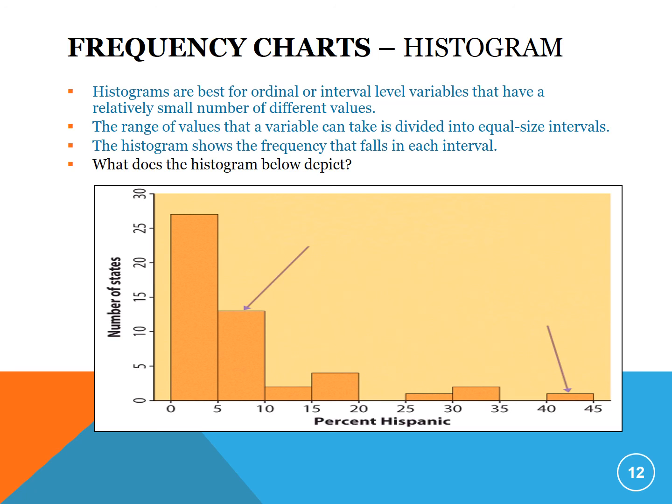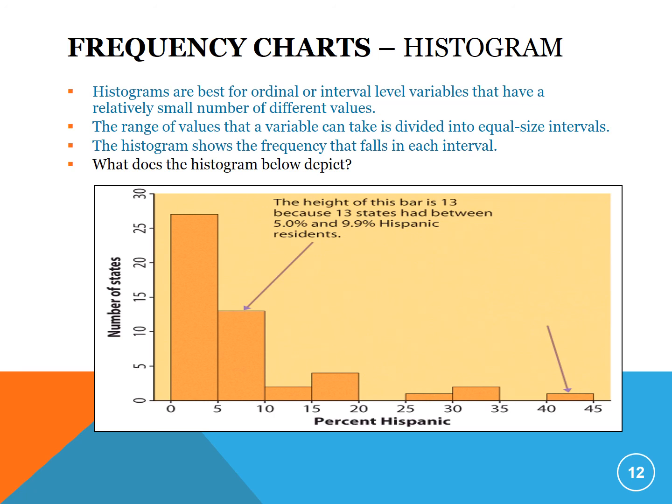So what does this histogram below depict? Say specifically the two arrows. Well, first of all, this histogram is telling us about the percentage of Hispanics by states, so the number of states that have whatever percentage of Hispanics we see here. So, for example, the first arrow to the left is telling us that the height of this bar is 13, which means that there are 13 states that have a percentage of Hispanics between 5% and 9.9%.